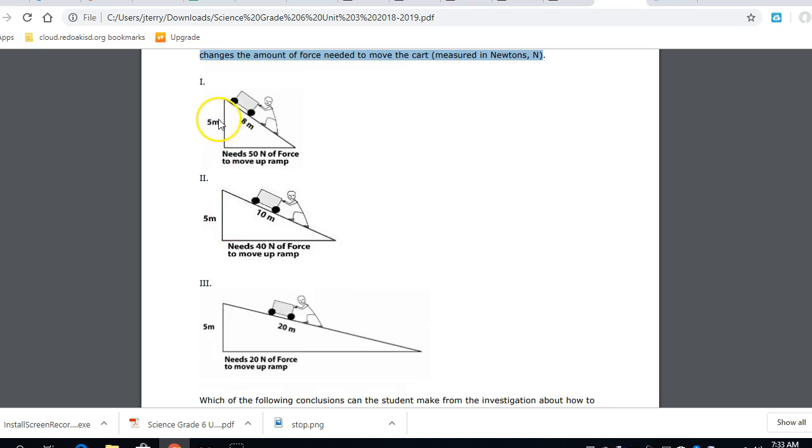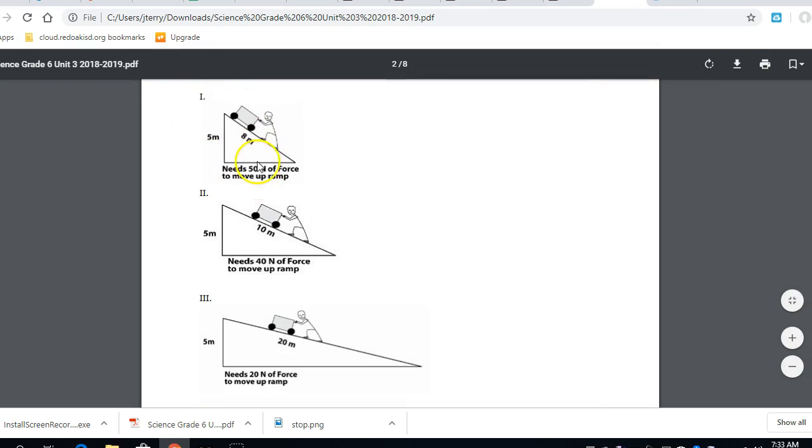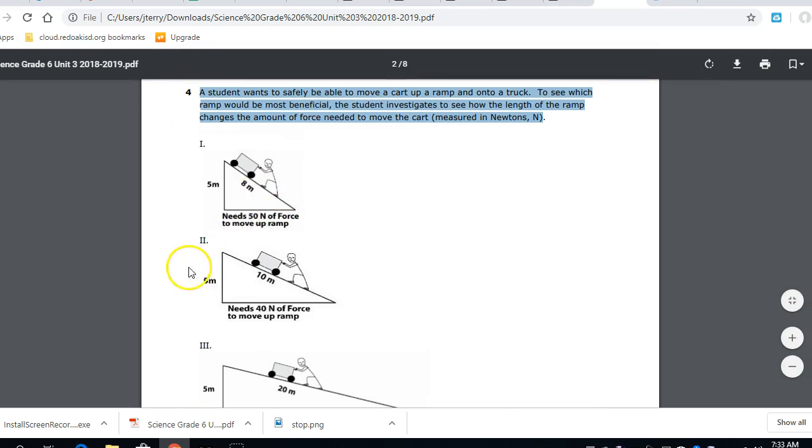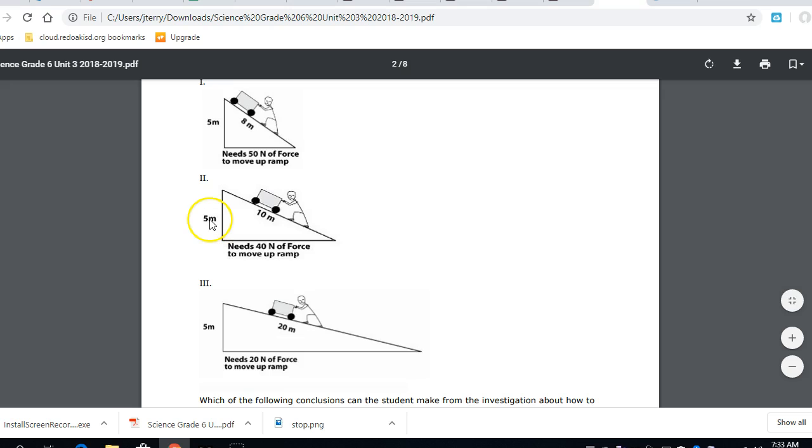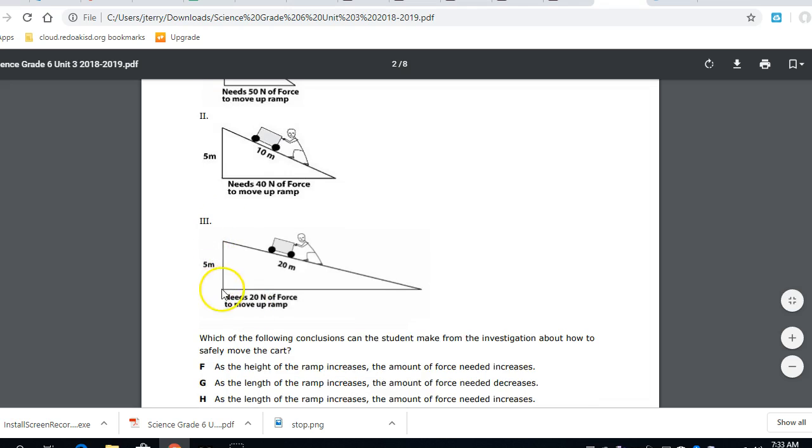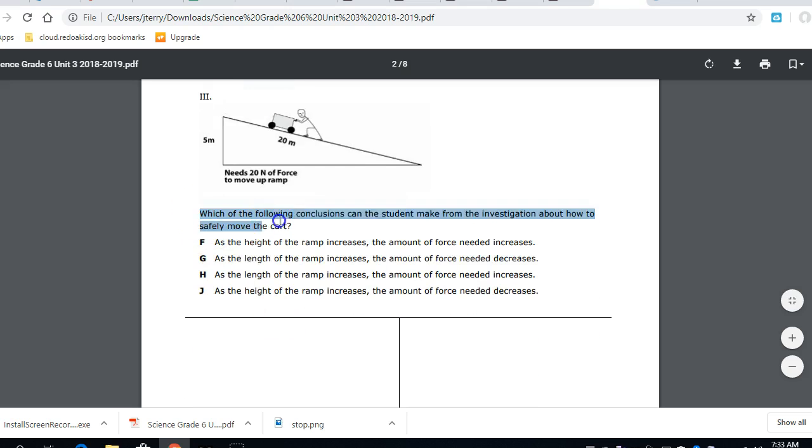The ramp that's 5 meters high, 8 meters long, the student needs 50 newtons of force. The ramp that is 5 meters tall and 10 meters long, the student needs 40 newtons of force. And the next option is a ramp that is 5 meters tall and 20 meters long, needs 20 newtons of force. Which of the following conclusions can the student make from the investigation about how to safely move the cart?